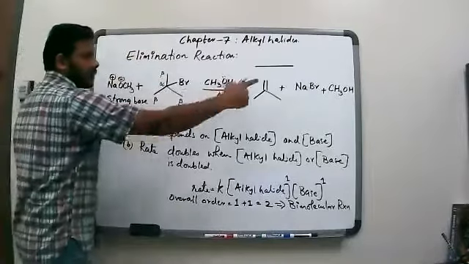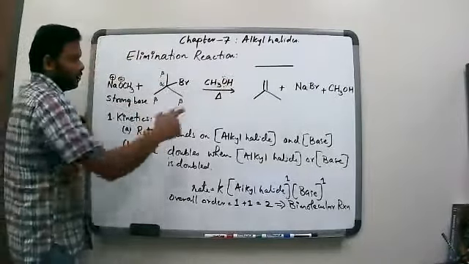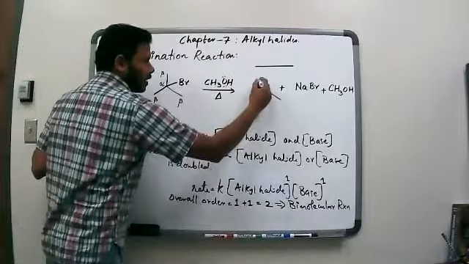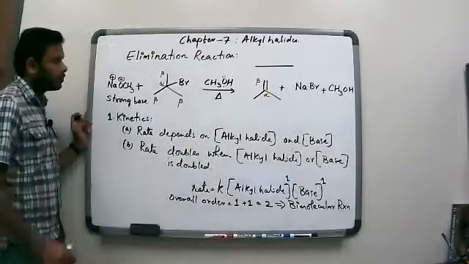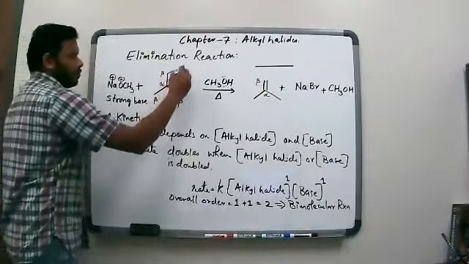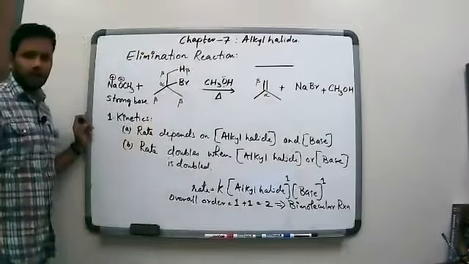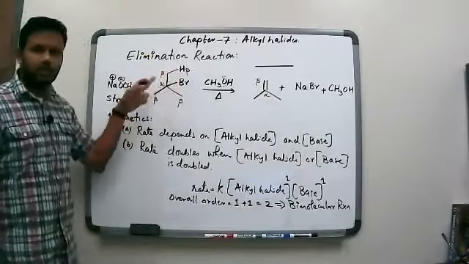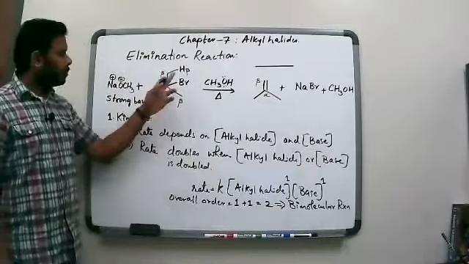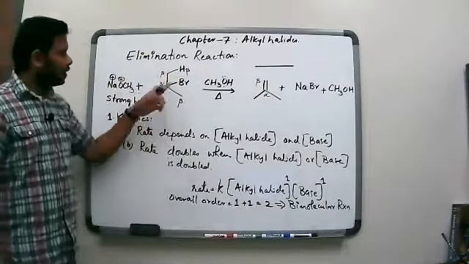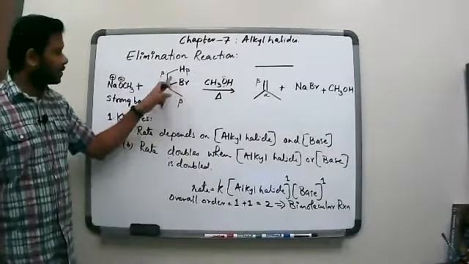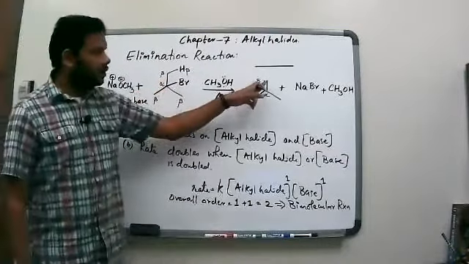So essentially what's happening in this reaction is we're getting a double bond between the alpha and the beta carbon. A hydrogen connected to a beta carbon, we're going to call a beta hydrogen. A beta hydrogen is lost, plus the halogen is lost, and that's why you're getting this double bond.